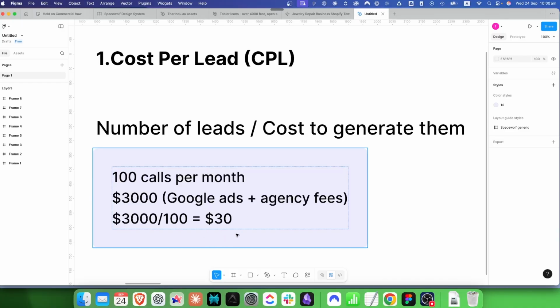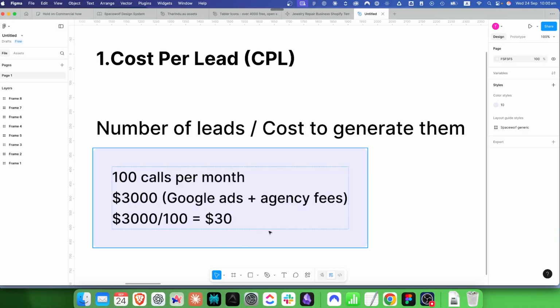Now, why is this important to track? Obviously, if you're selling a particular product or service and the actual selling price is below that, let's say you're selling this product for $20, and before you even think about profit and taking out costs, this is already costing you $30.